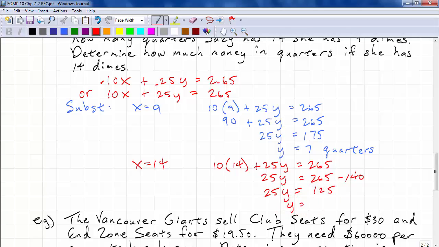Divide both sides by 25 and we get 5. This is 5 quarters, but that doesn't answer the question. We can actually stop here. We have $1.25 in quarters, because all we need to know is how much money we have. We don't need to know the number of quarters.